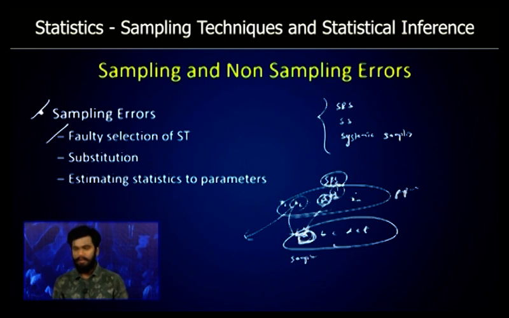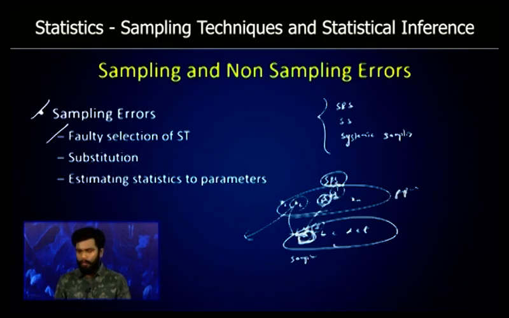So when you take A dash here, basically you have to consider the A information, but instead of A you are considering the A dash information. So this kind of substitutions will occur during the sampling. That kind of errors are nothing but the substitutional errors.